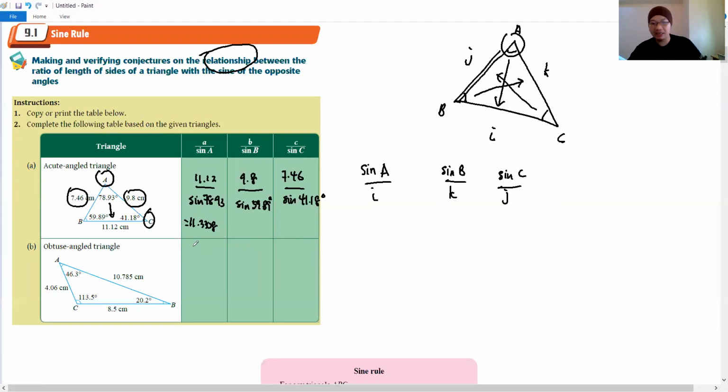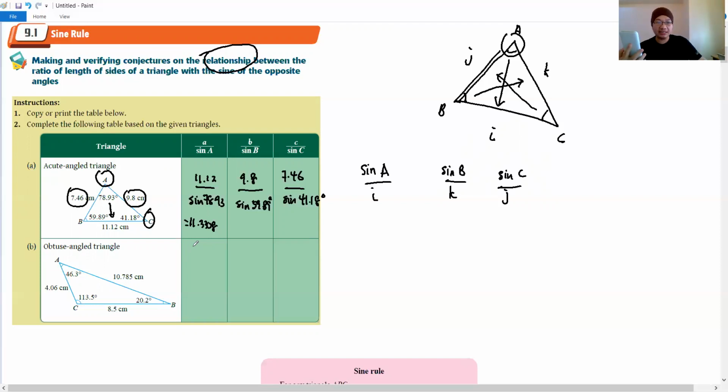How about the second? 9.8 divided by sine 59.89. We press equal. Then what answer are we supposed to get? 11 point something also.